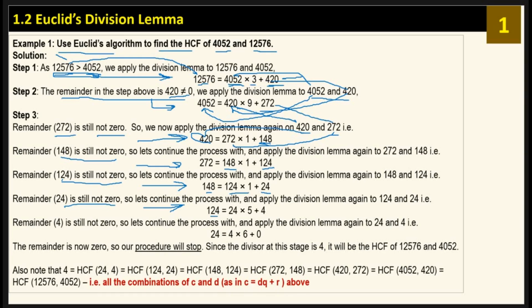We get 124 is equal to 24 times 5 plus 4. The remainder is 4, which is still not 0, so let's apply the lemma once again. We get 24 is equal to 4 times 6 plus 0.